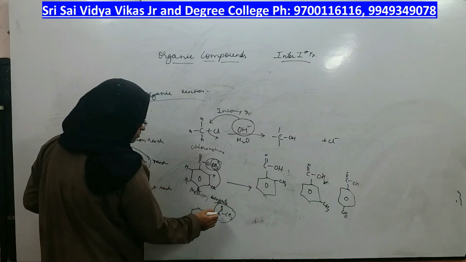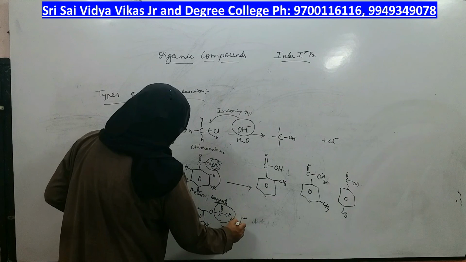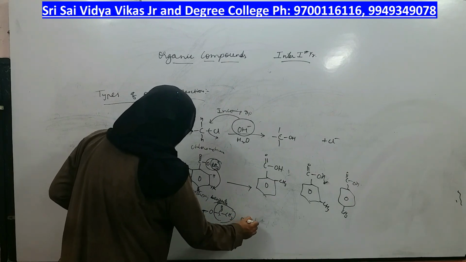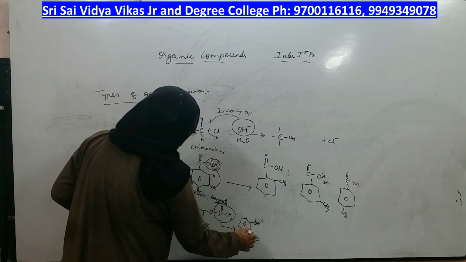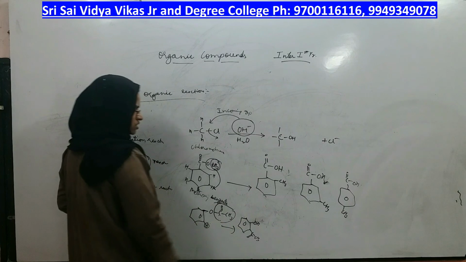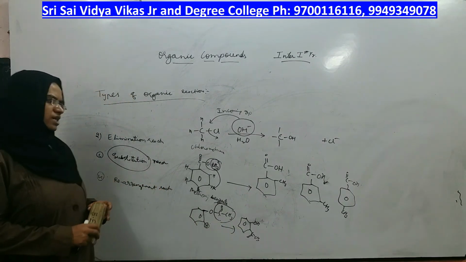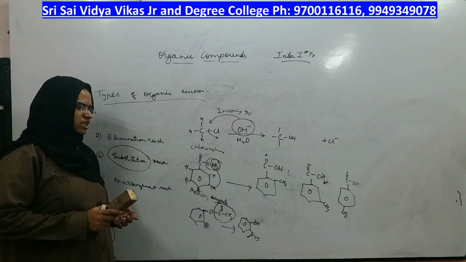This total group comes and takes the place of hydrogen and hydrogen comes here. So it becomes phenol and COCH3. Beside means this, meta means here, para means here, right? In both the reactions only rearrangement is taking place, everything else is the same.